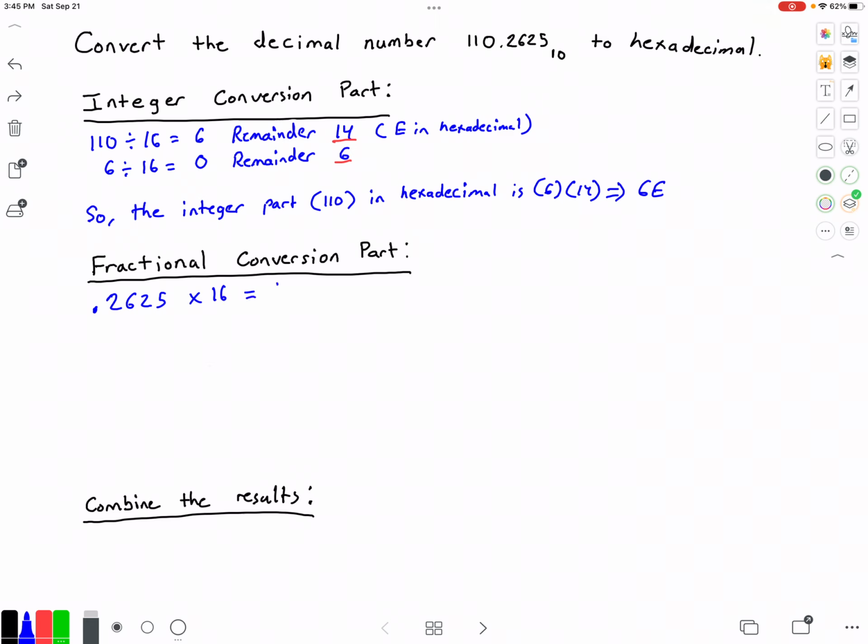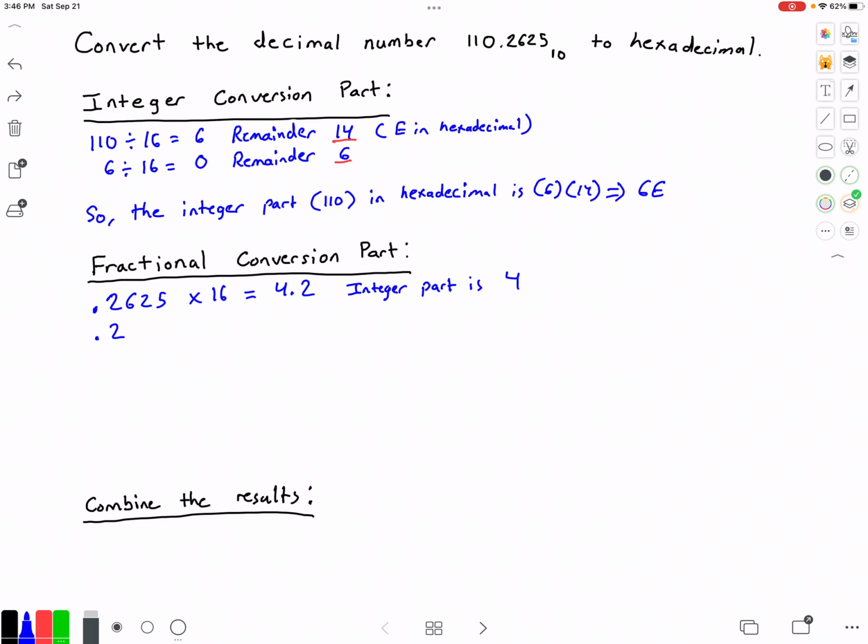And when I do that, I get 4.2. And then I write down the integer. The integer part is 4.